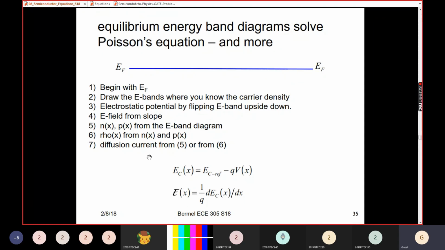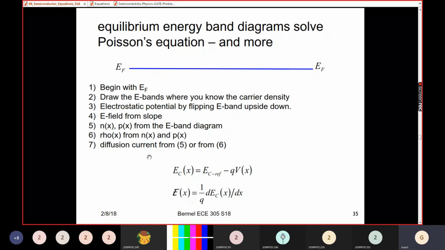So the equation will be represented as Ec of x is equal to Ec reference, the reference value, minus qV of x. Again, this can be solved using the equation epsilon of x is equal to 1 by q into dEc of x divided by dx.